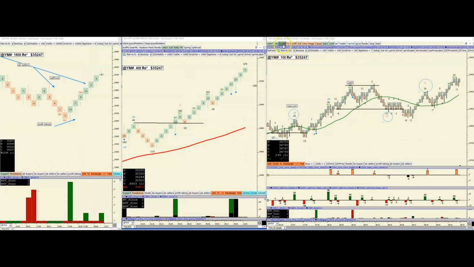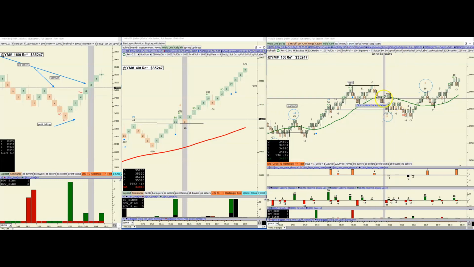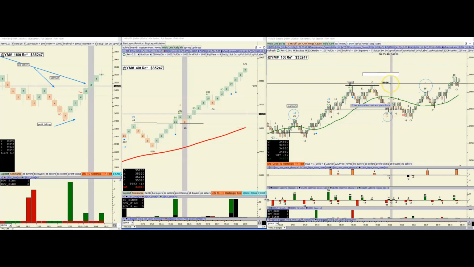So this, all of this, you could call what is short? Is to cause short covering, to create short covering, to take prices higher.